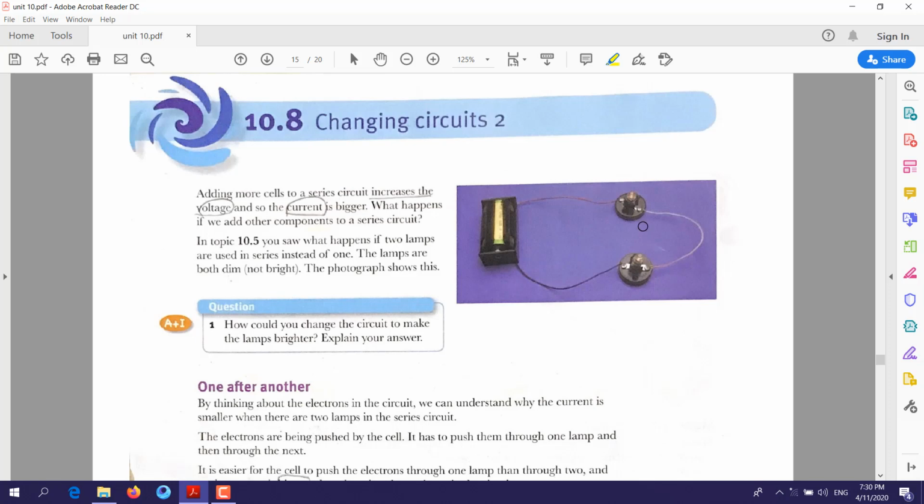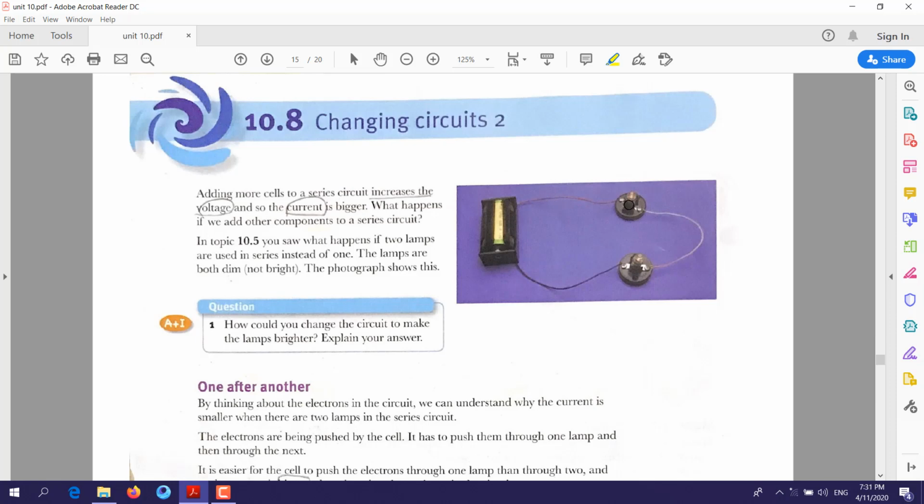Any lamp or bulb needs energy to light up. So in this case, you put two lamps in series, which means end to end. If we understand how the electrons move in an electric circuit, we can figure out what will happen to the light here.